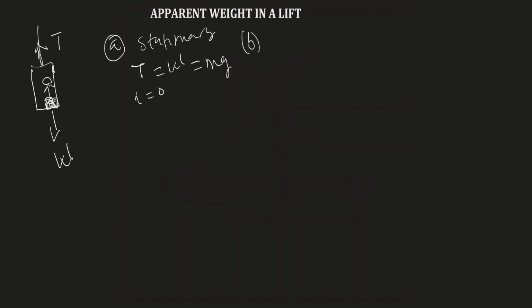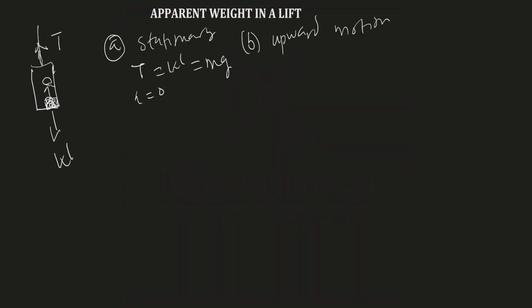Now, what of a case when the lift is going upward? So let's consider upward motion. All right. When you are in a lift and the lift is going upward at a particular acceleration, we have 2 forces. We have an upward force, which is the tension, and we have a downward force, which is the weight.